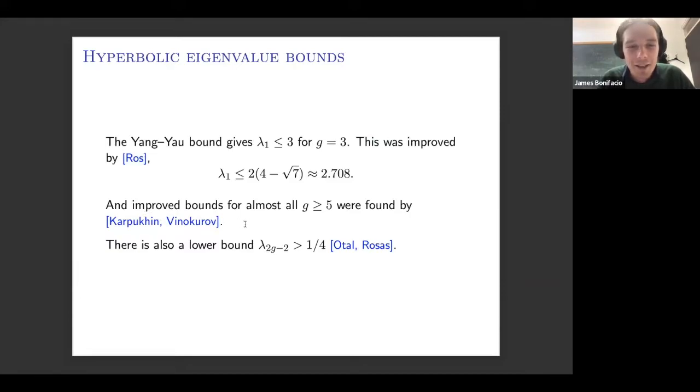Let me also mention this famous lower bound by Otal and Rosas, which is that the 2G minus 2th non-zero eigenvalue is at least a quarter. And there are also many other results on eigenvalues of hyperbolic surfaces, including by people in the audience, but these are the ones that I'm going to need for this talk.